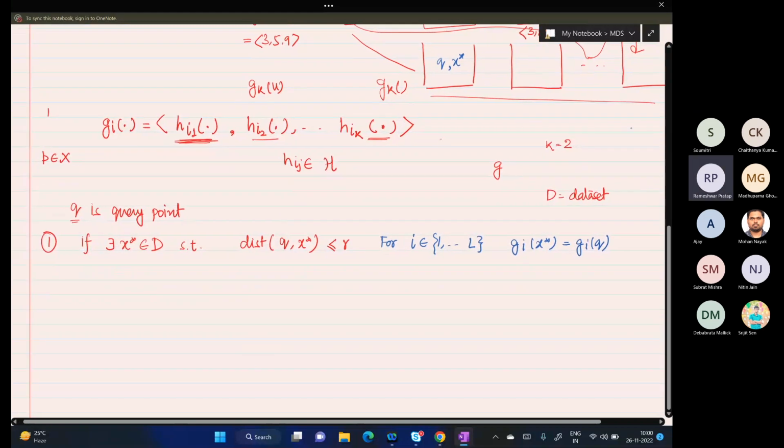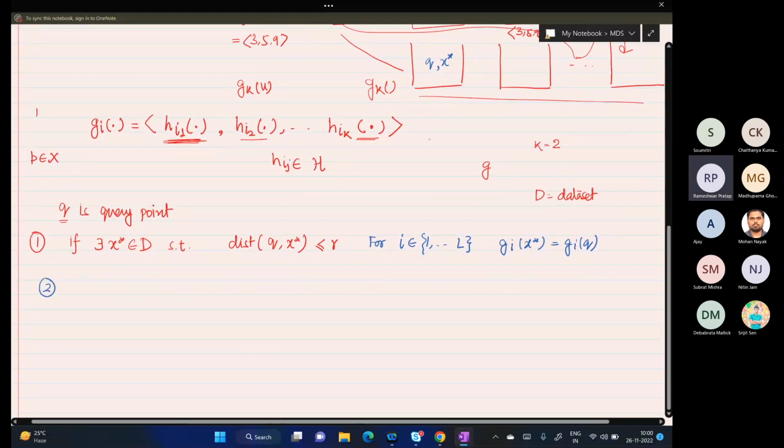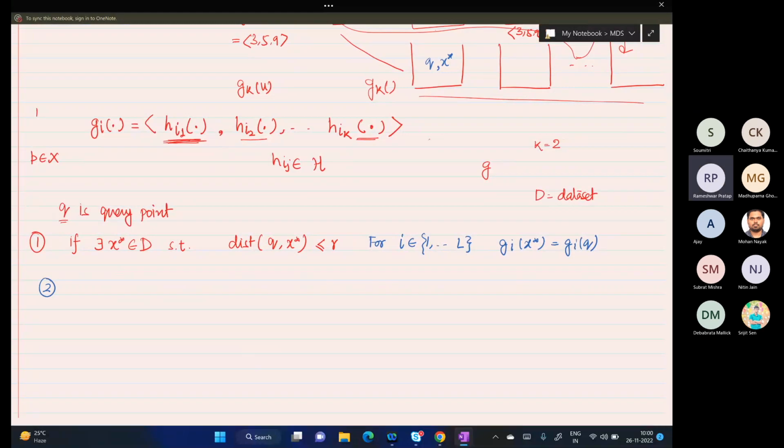And the second thing is, all those points whose distance from Q is large, there should not be too many of those points which map to the same bucket in which Q is mapped, so that we don't end up computing the distance of Q with a large number of points.